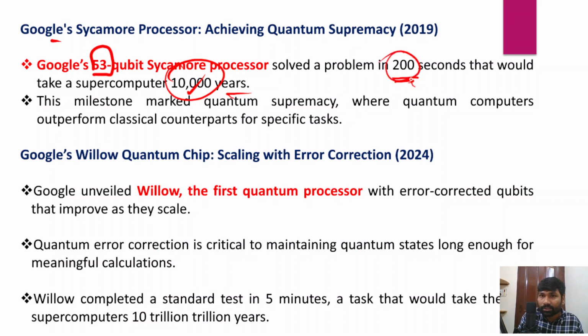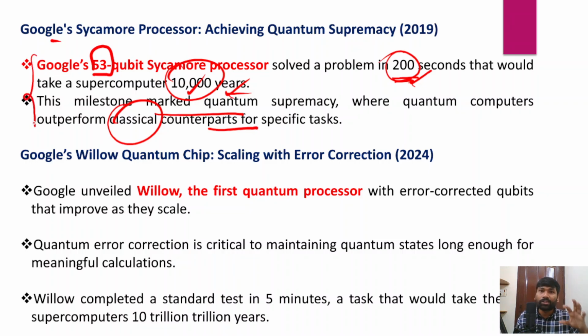Now you can imagine the difference between 200 seconds and 10,000 years. And apart from that, this milestone marked quantum supremacy, where quantum computers outperform classical computers for certain tasks. And that's how these quantum computers are very, very important.